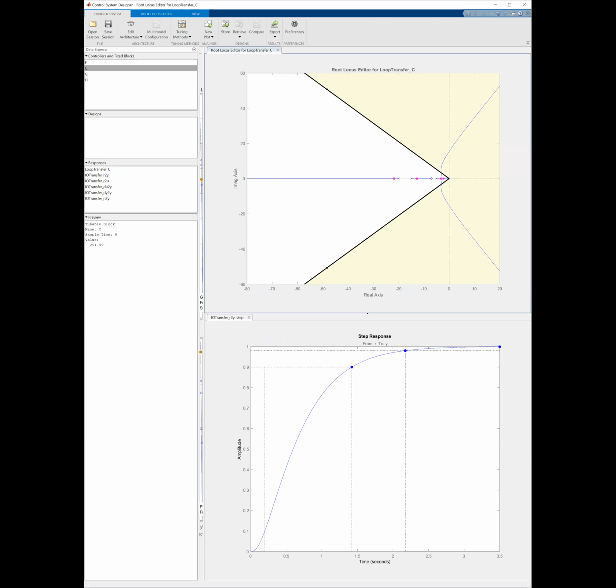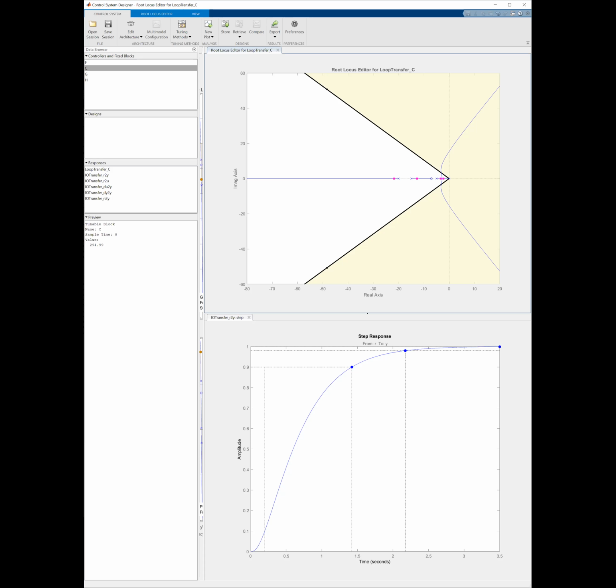So what that tells me is now I can choose the values that are outside the yellow region, and that will meet the performance specifications that I need. So that's what this means.